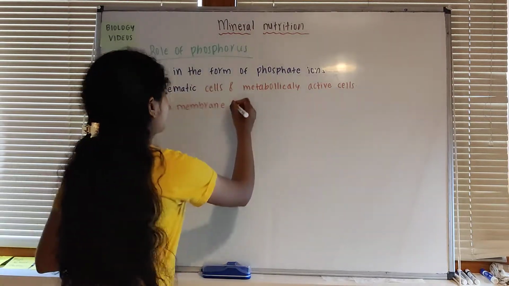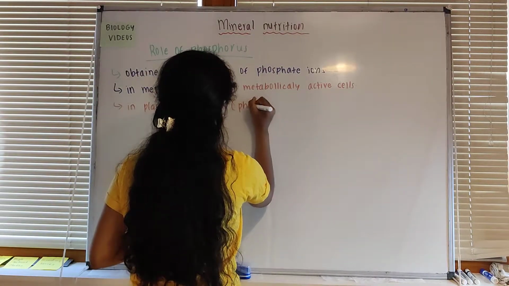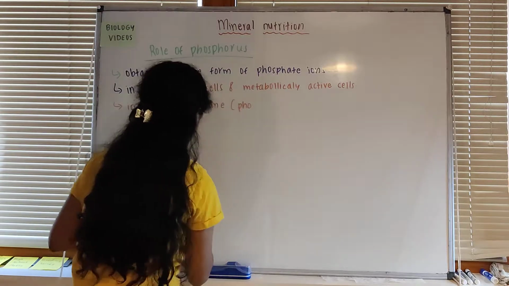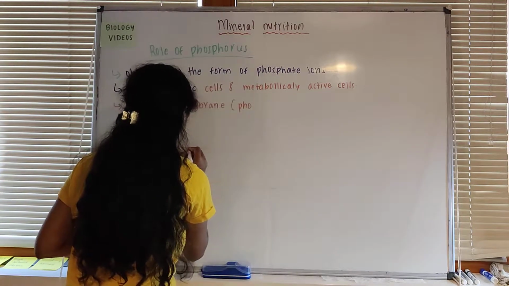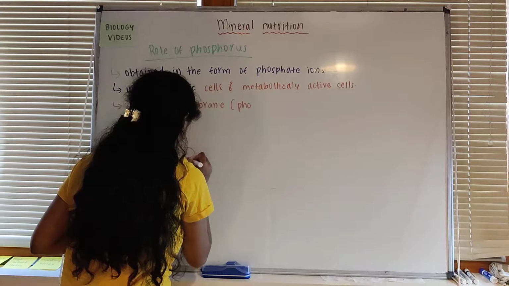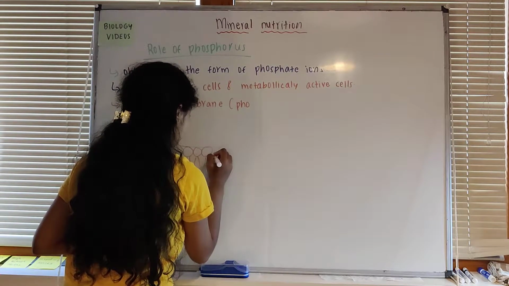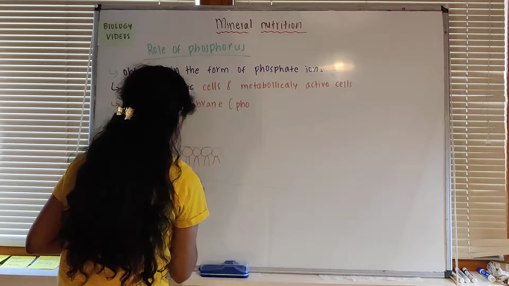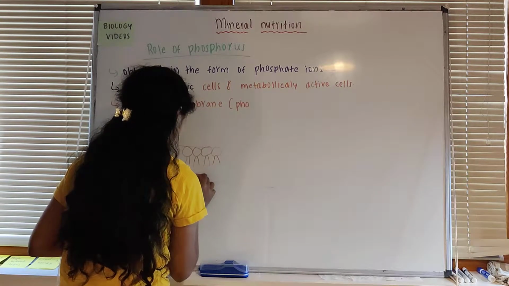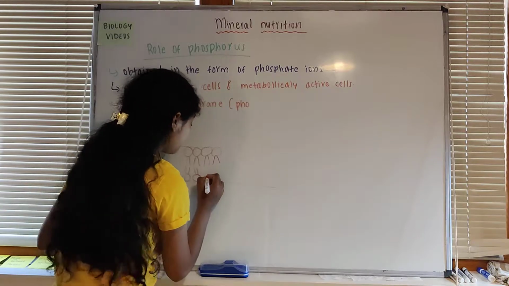If we draw a simple diagram, it looks like this, with the head and tail structures present in the cell membrane.